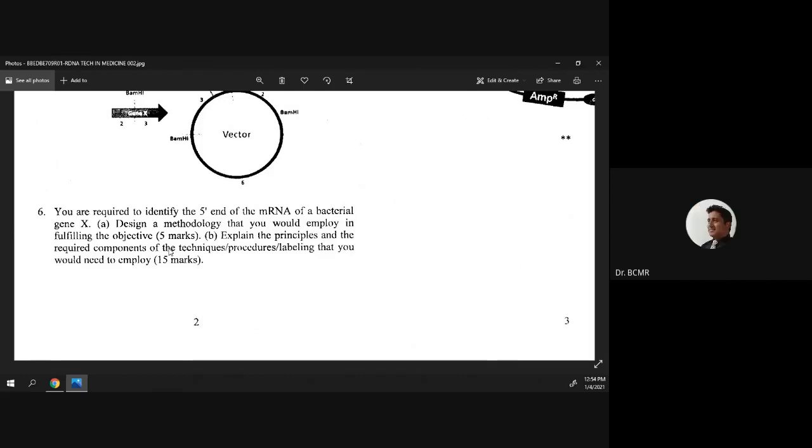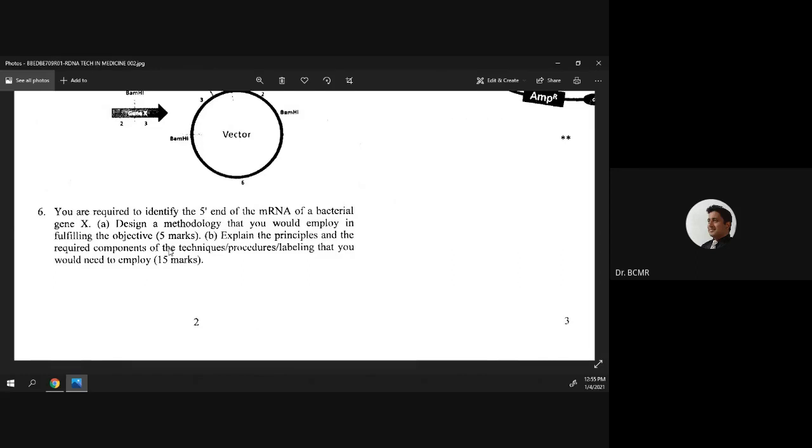How would you identify the sequence? Or is there a name of the technique? Simple name. It's almost what you said. Sir, I forgot the name. That's all right. It's primer extension.